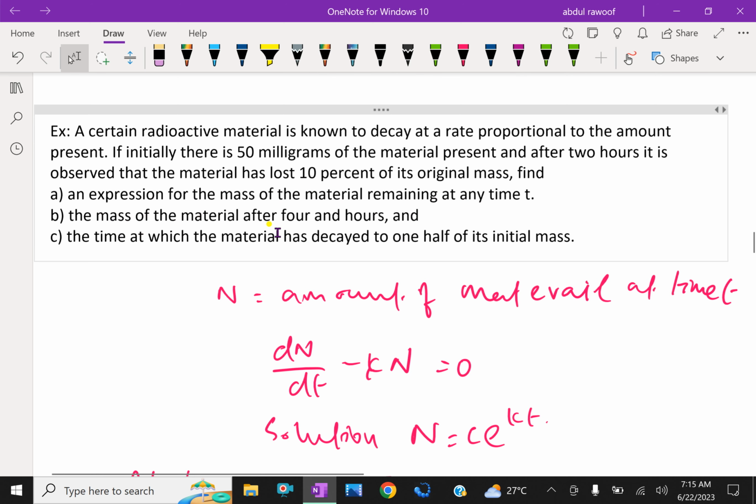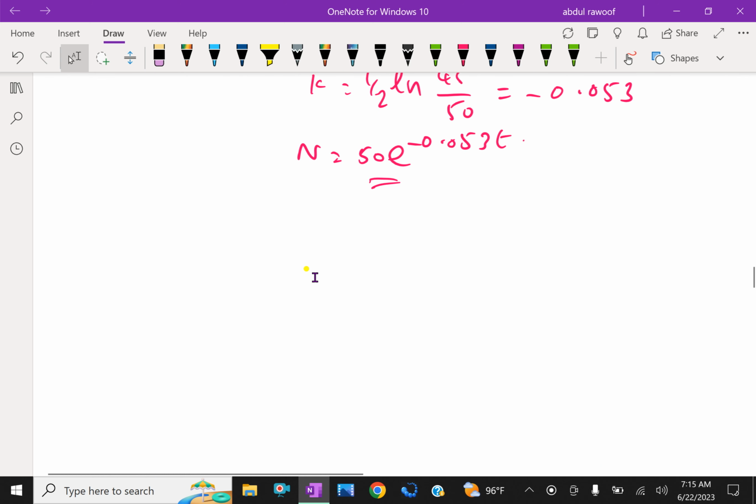Then the mass of the material after 4 hours. After 4 hours, we have to substitute t equal to 4 here.